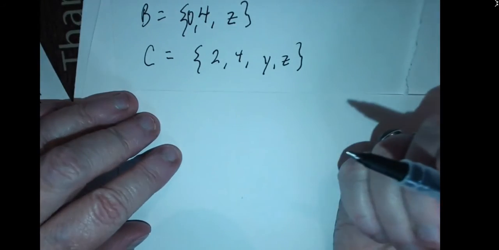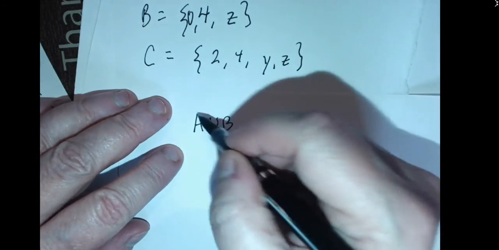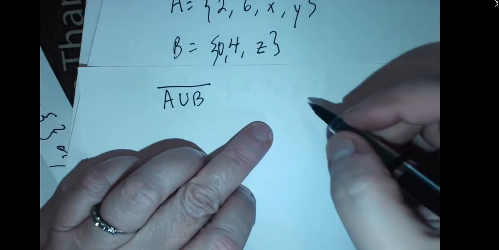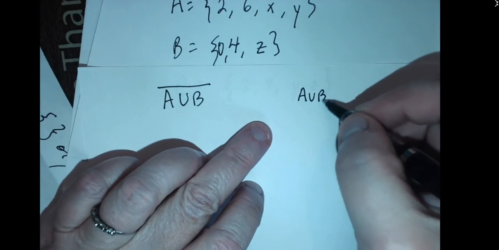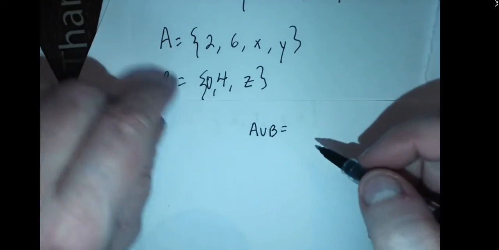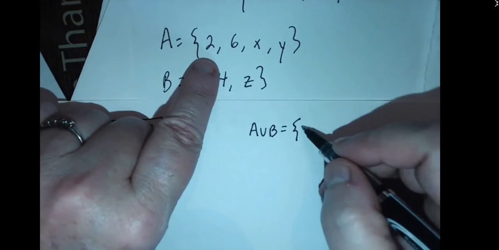All right. What if we do that? Well, you're going to have to get A union B first. Okay, and so that's going to be everything that's in both of them put together into one set.